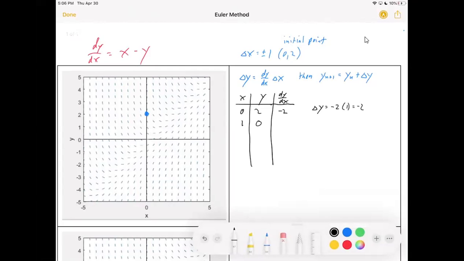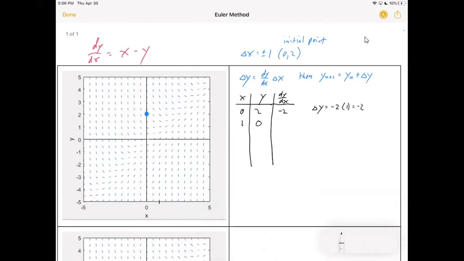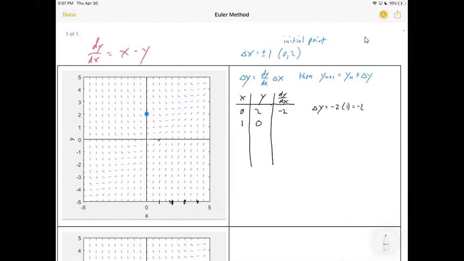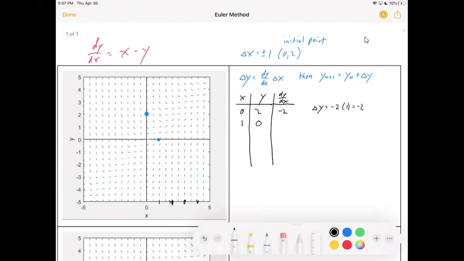If I draw my little hash mark lines, that is 1, 2, 3, 4, and 5. So (1, 0) is right about here on the graph, right? Now we're at (1, 0), and we need to calculate a new dy/dx, which will be 1 minus 0, which is 1.